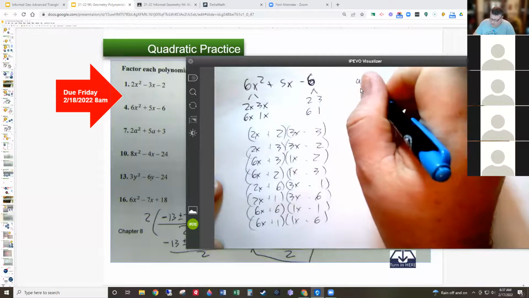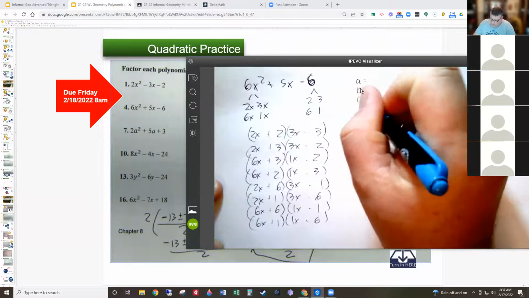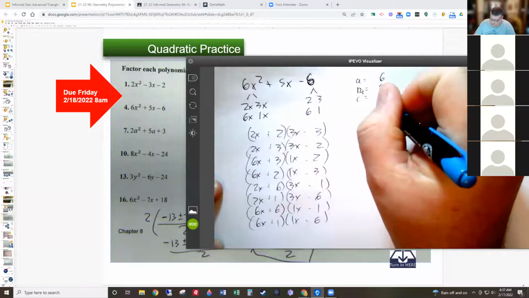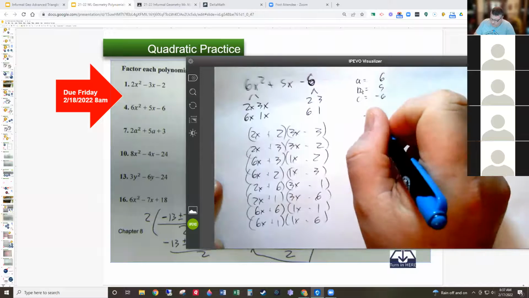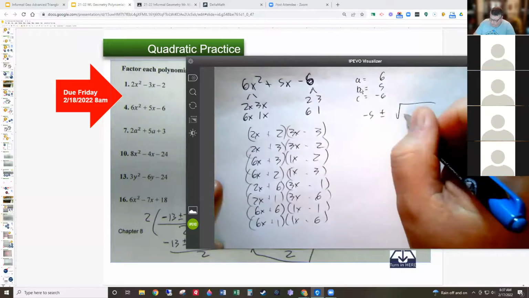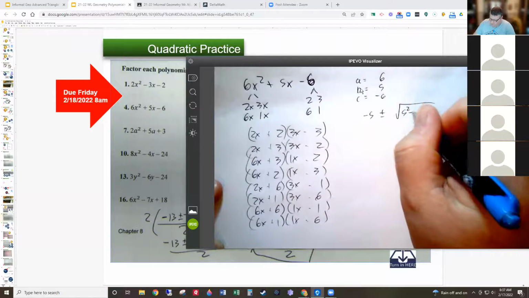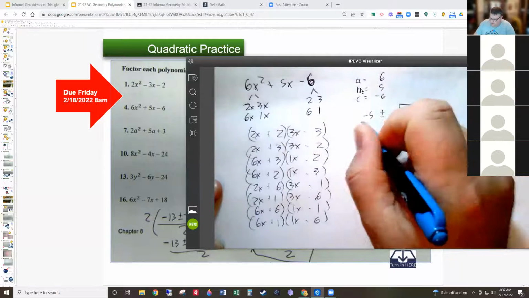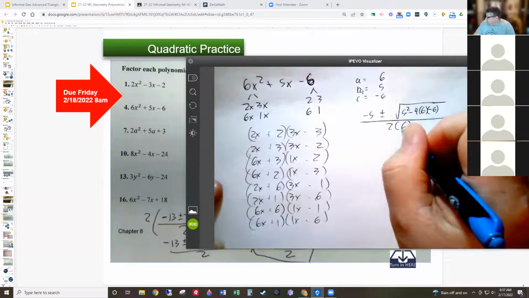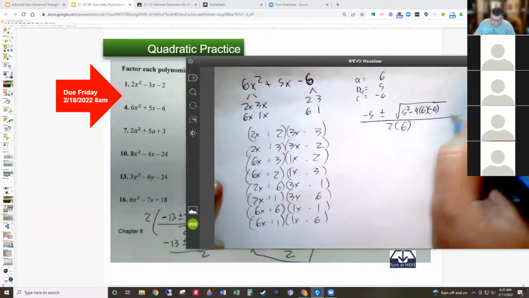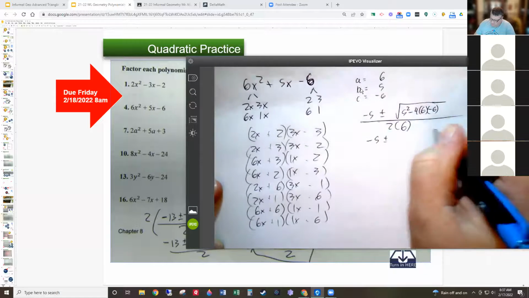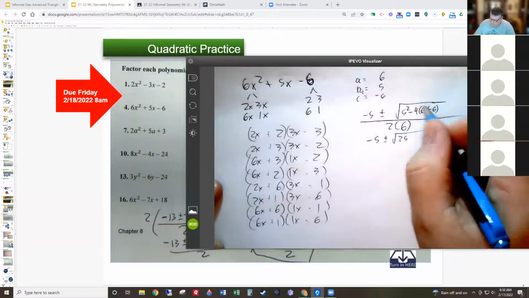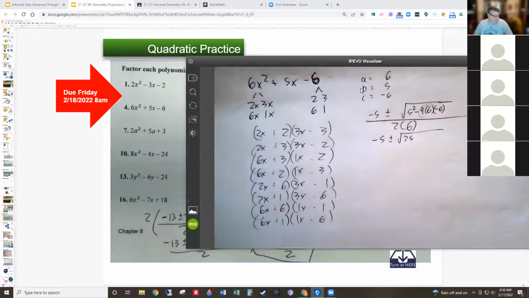If I were to do quadratic, A equals 6, B equals 5, C equals negative 6. Negative 5 plus or minus the square root of 5 squared minus 4 times 6 times negative 6, all over 2 times 6. So I have negative 5 plus or minus 25, and that's what, 24, 24 times 6.